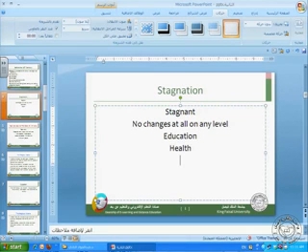In the field of health, also no change, stagnation. If someone fell ill at that time, then there was no doctor to treat them, no hospitals available in the vicinity. So how did people look after their health?